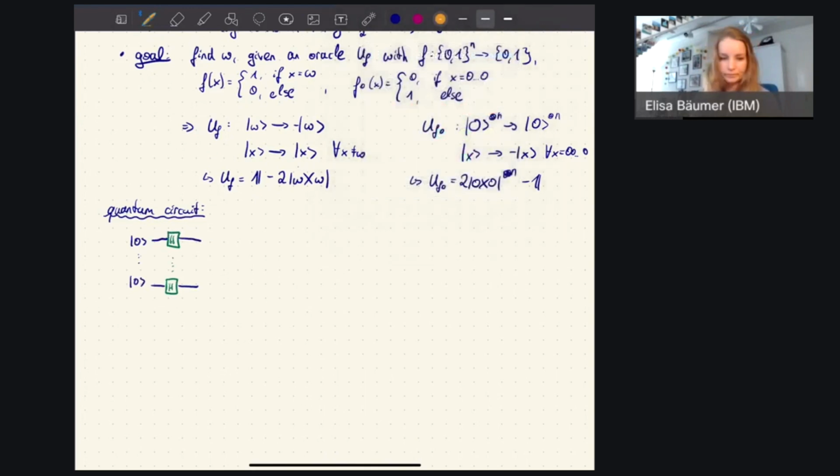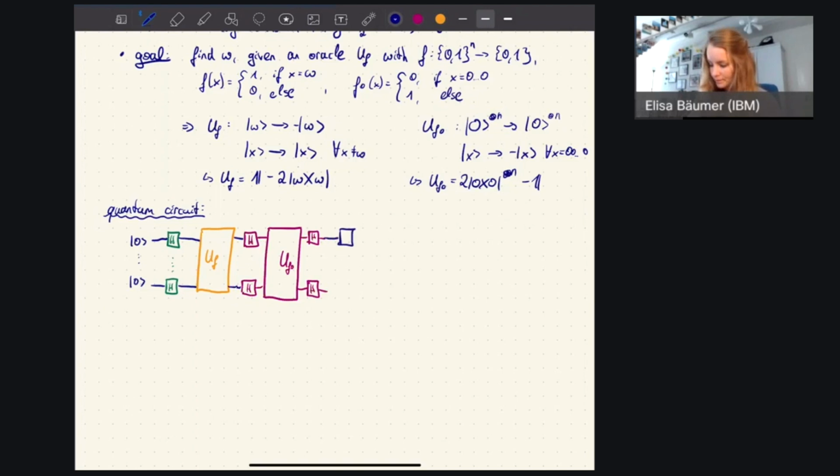Then we apply our oracle function, UF, the one that depends on W. Then we apply another round of Hadamard gates, followed by the other oracle, the one that is independent of W, so UF0. Some more Hadamard gates. And finally, we do a measurement.